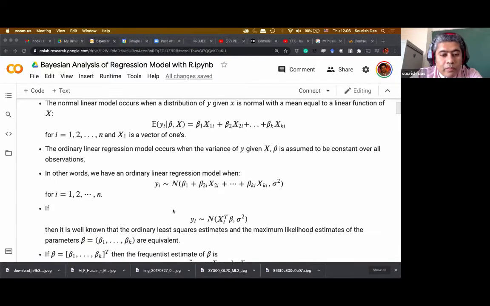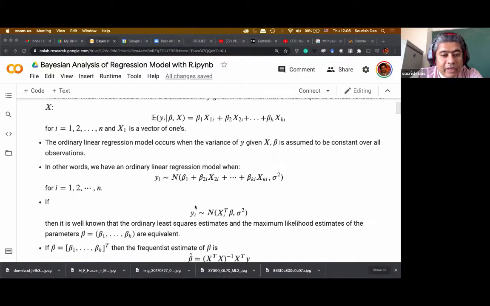We can write it in matrix notation: yi follows a normal with the mean as xi transpose beta and variance sigma square. Beta is basically the regression coefficient vector, which contains beta 1, beta 2, ..., beta k, and xi transpose is the ith row of my X matrix, the feature matrix.